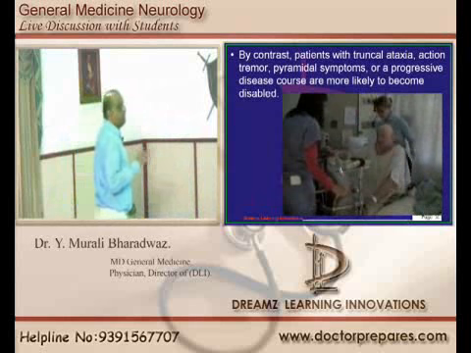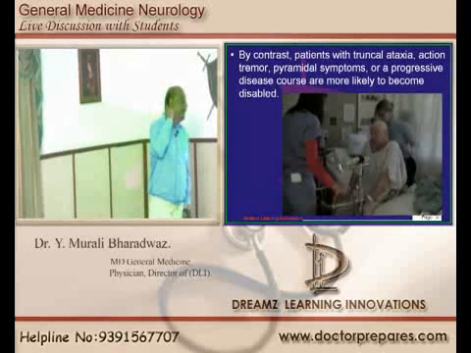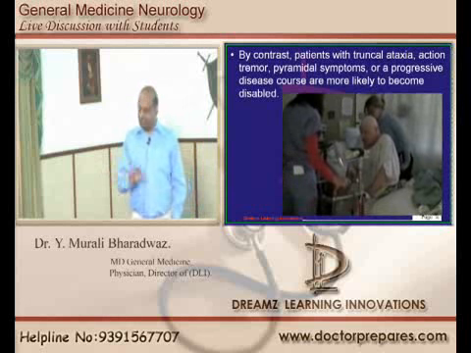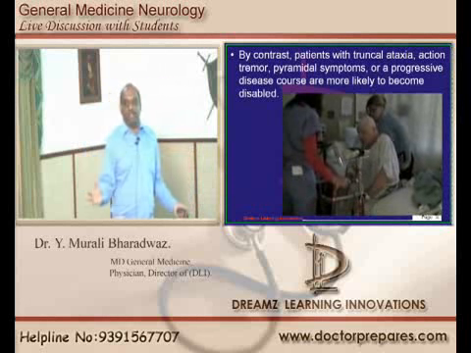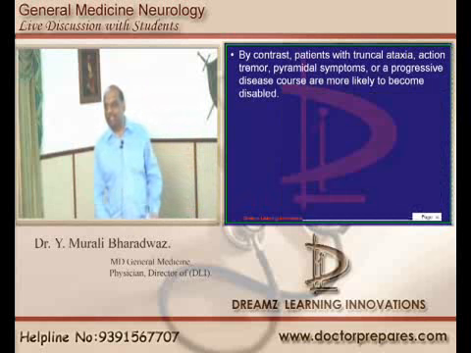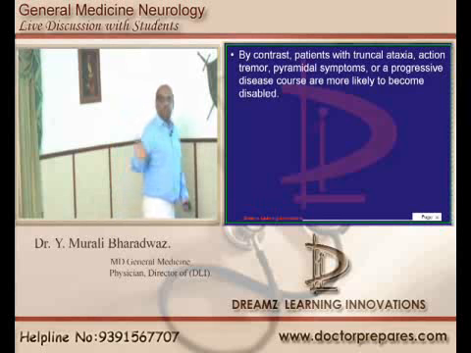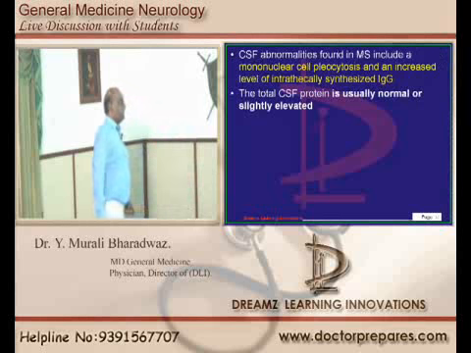Or a progressive disease course. We have seen, no? Relapsing-remitting, progressive-relapsing. I never understood the terminology of the multiple sclerosis clinical subtypes. But anyway, a progressive course also means bad prognosis.